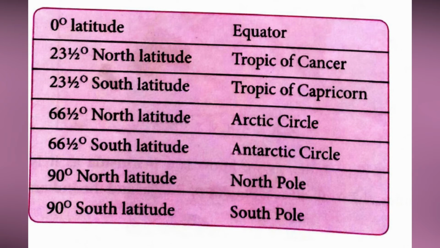Page number 168. 0 degree latitude, equator. 23.5 degrees north latitude, Tropic of Cancer. 23.5 degrees south latitude, Tropic of Capricorn. 66.5 degrees north latitude, Arctic Circle. 66.5 degrees south latitude, Antarctic Circle. 90 degrees north latitude, North Pole, and 90 degrees south latitude, South Pole.